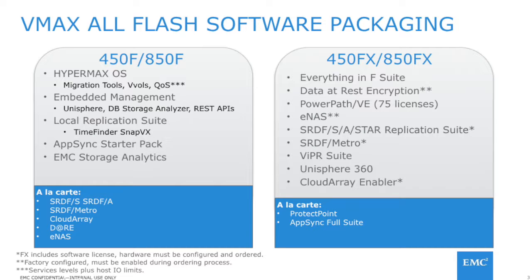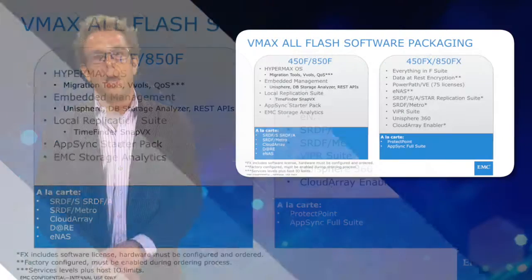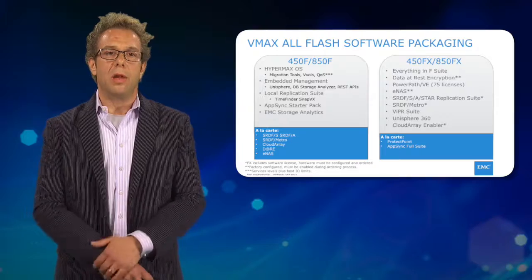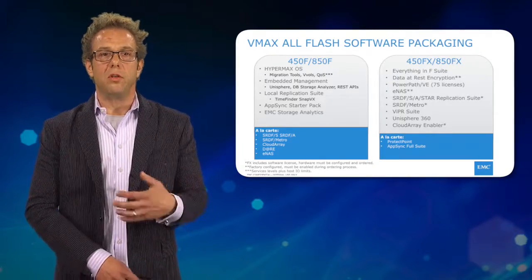Today there are two packages within the VMAX All Flash: the F package and the FX. The F includes all of the key capabilities that you want in order to manage your system. Things like Unisphere, snapshots to be able to make space efficient, high performance point-in-time copies, as well as the ability to integrate in with the applications and databases through features like AppSync.